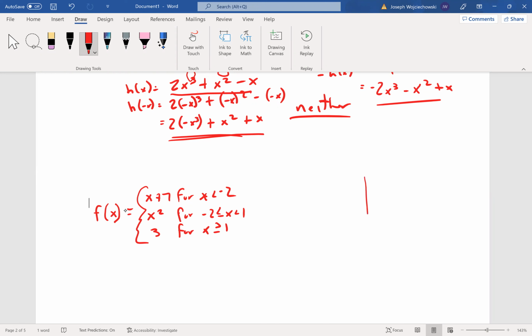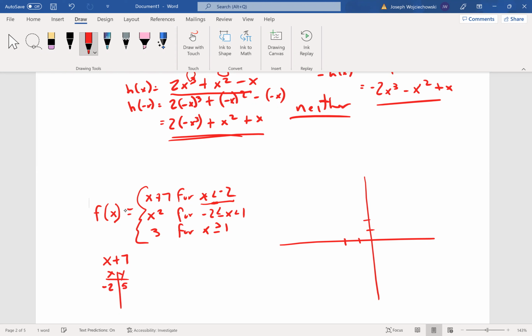So here's the trick. We start here with this. So we're looking at x plus 7 for x less than negative 2. So we'll start with negative 2. Now, this is strictly less than, so we won't include this point. If x is negative 2, this becomes negative 2 plus 7, which is 5.